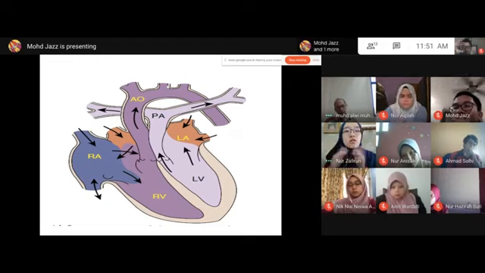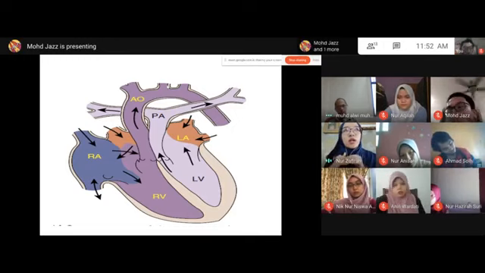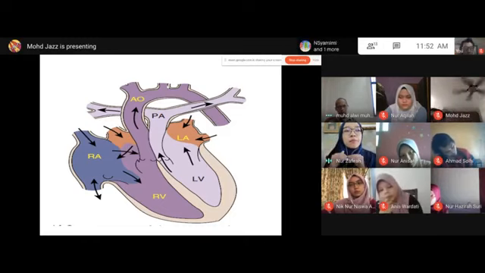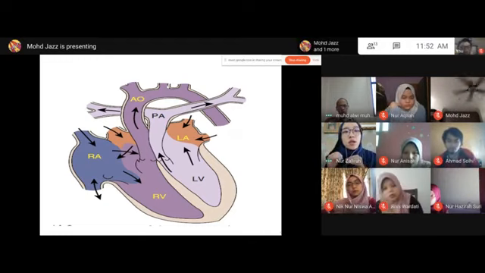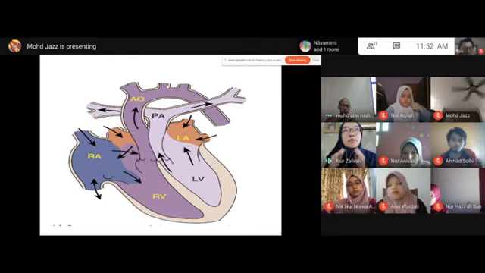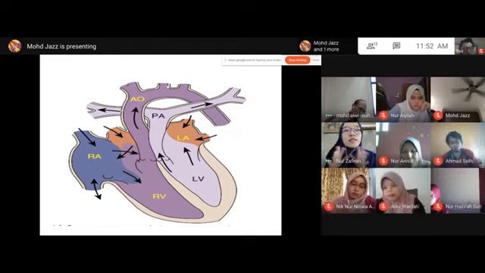So the blood flow from the right atrium, which is deoxygenated blood, will go into the right ventricle and straight into the aorta without oxygen. Whereas the blood from the pulmonary vein and left atrium, which is oxygenated, will go back into the pulmonary artery. So it is not a good circulation.